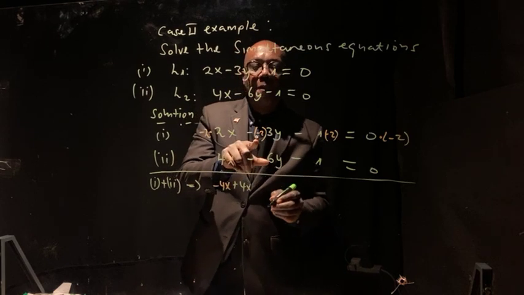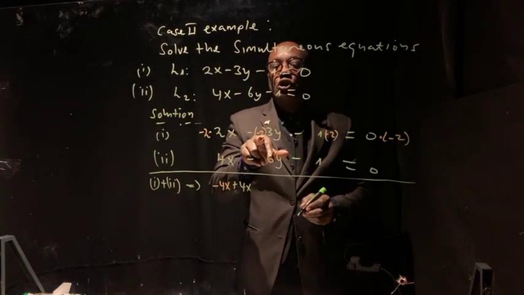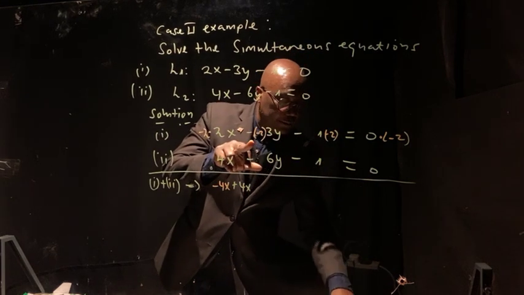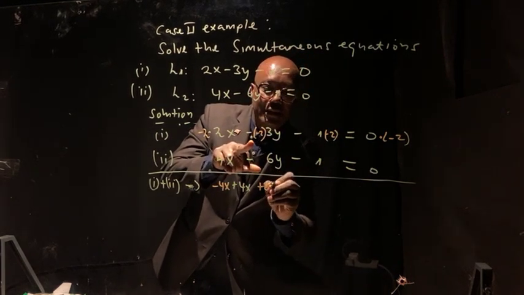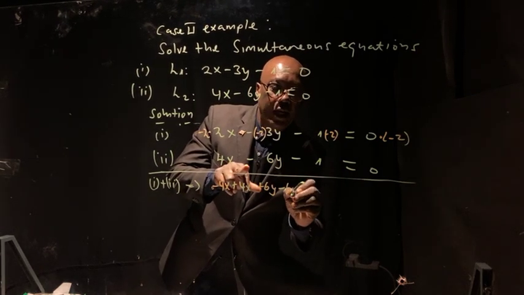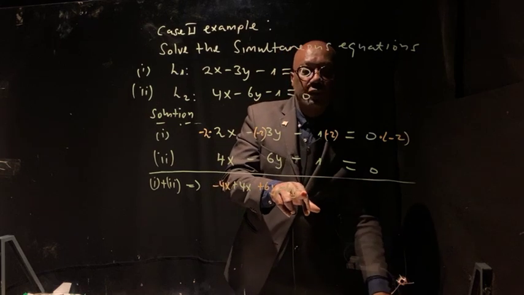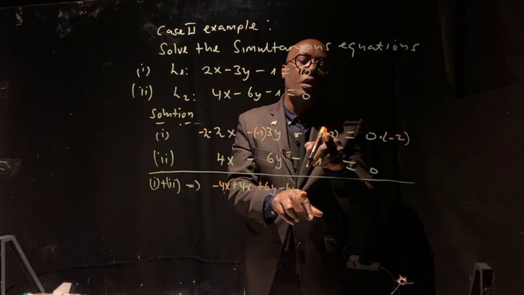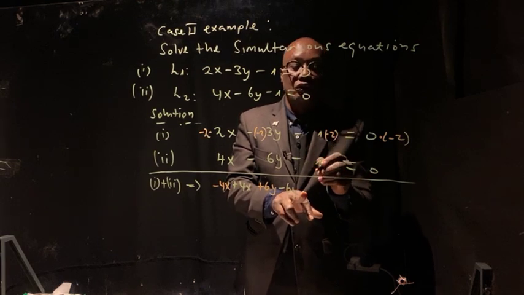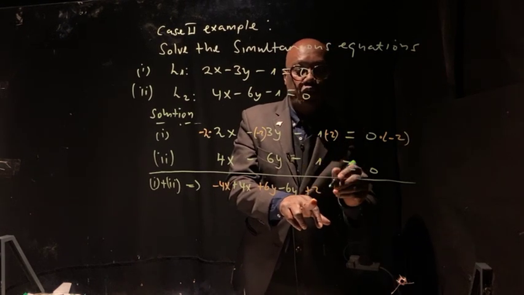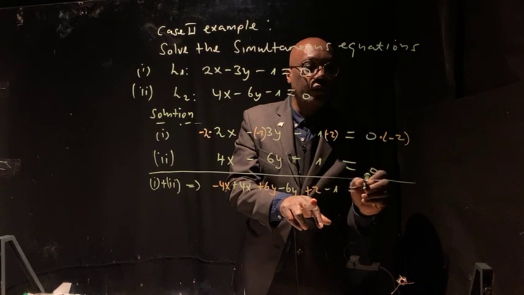Then minus 2 times 3y is plus 6y, and then we add it to minus 6y. Now, minus 1 multiplied by minus 2, we will have plus 2, and minus 1.